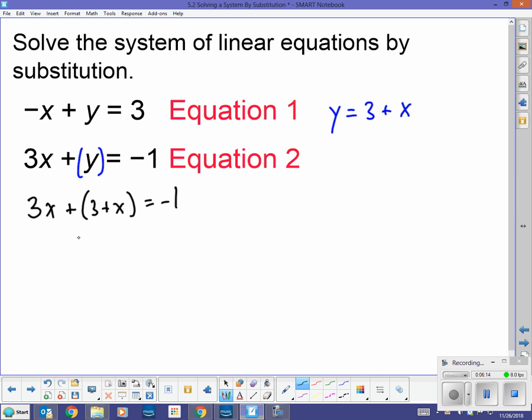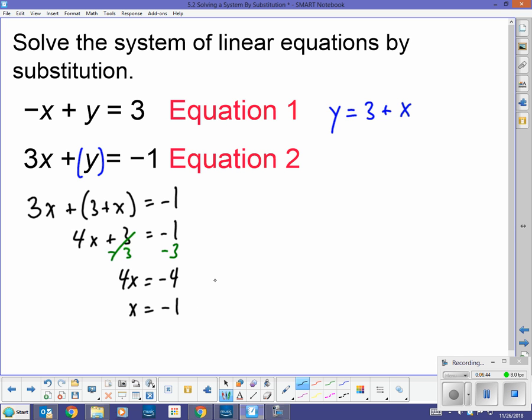So 3x plus x is 4x. And there's nothing to combine on the other side. So 4x plus 3 equals negative 1. Subtracting 3 from both sides, 4x equals negative 4. Dividing both sides by 4, x equals negative 1.